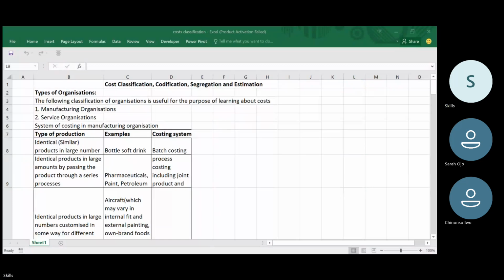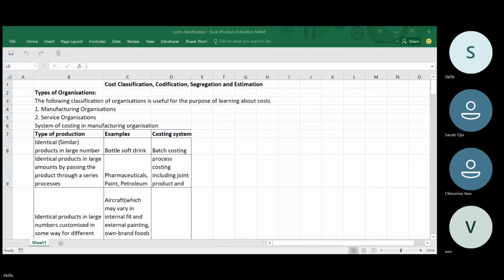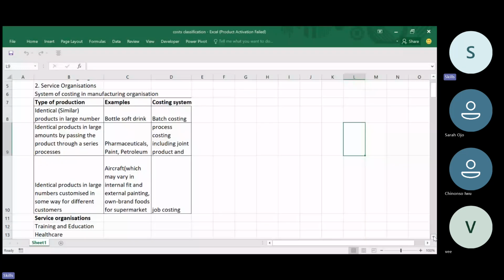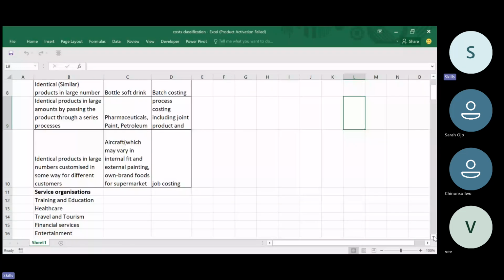Then for the production of identical product in large numbers, but now customized. These products are customized in some way for different customers. If they are customized, you are producing it for specific customers.